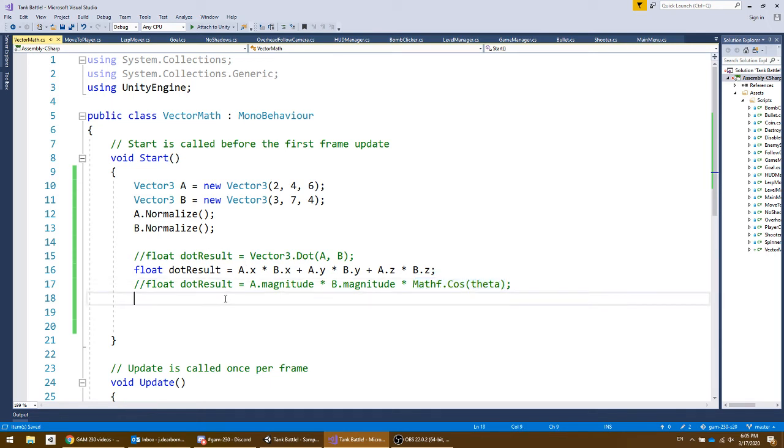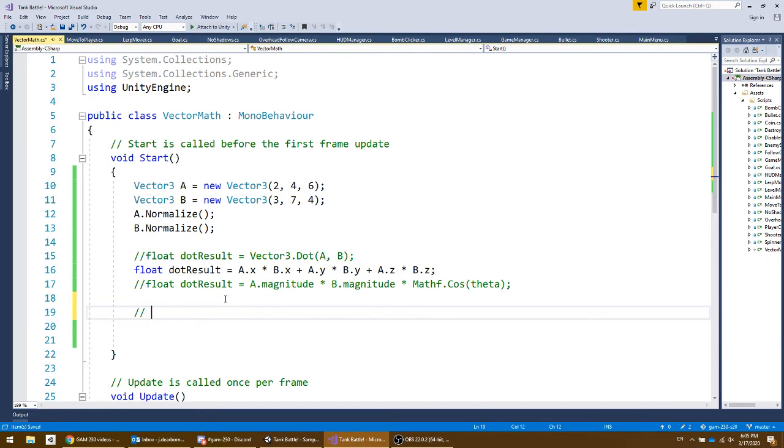So the cool thing here is that the dot product between unit vectors is going to be 1 if they're aligned, 0 if they're perpendicular, and -1 if they are anti-aligned, opposite directions.